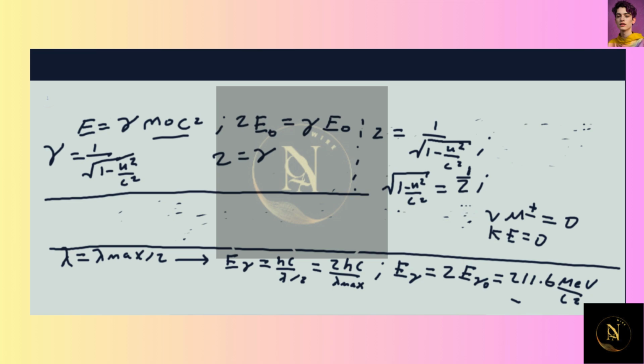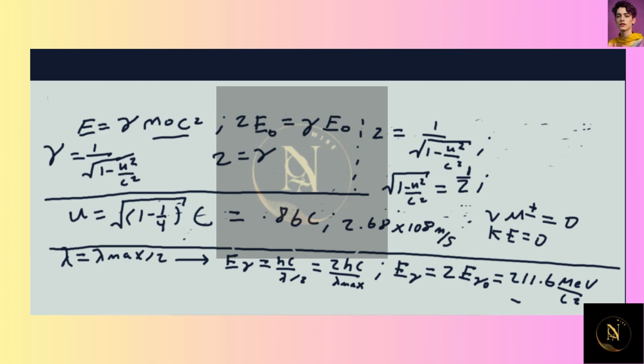So after doing some algebra, I will get that u is equal to the square root of 1 minus 1/4 times c, or 0.86 times c. So the muon's going 86% of the speed of light. All right, which is quite significant. And if we put that in, I get that is 2.68 times 10 to the positive 8 meters per second. So each muon exits this reaction at this speed. All right, thanks.